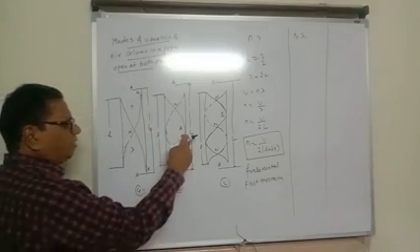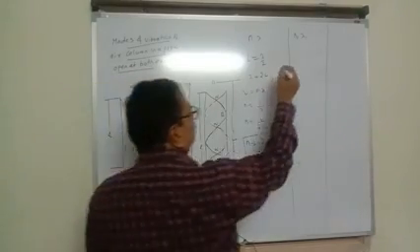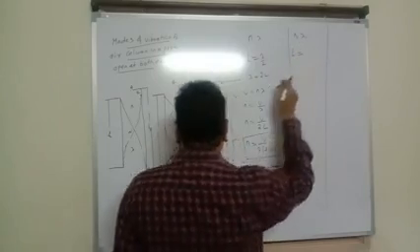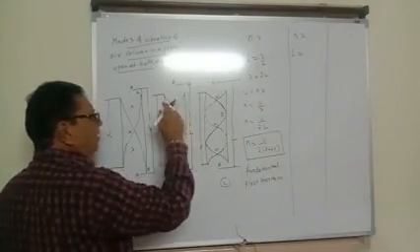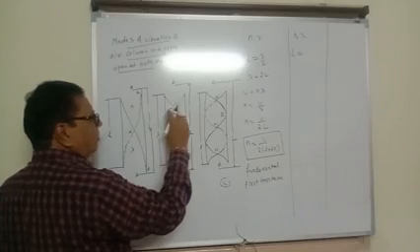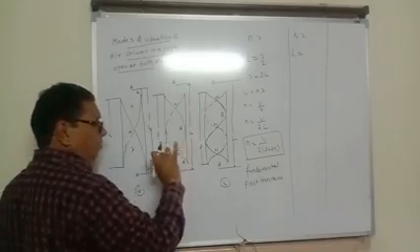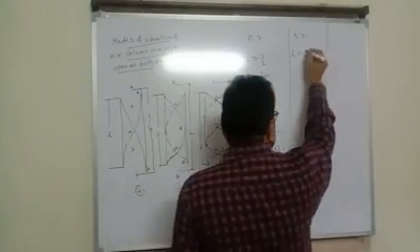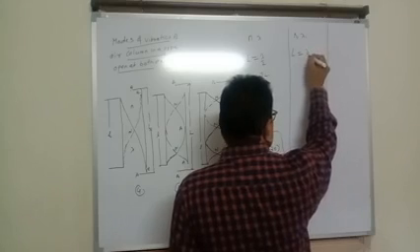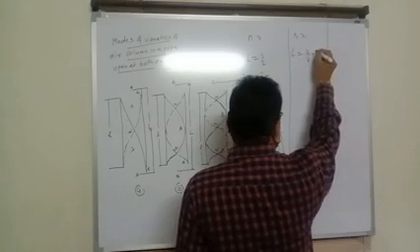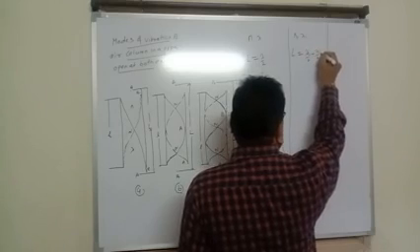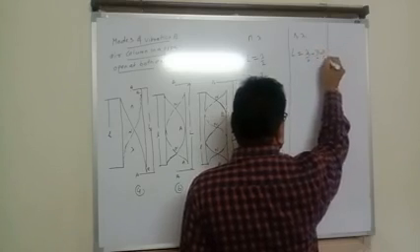Then the length of the air column, capital L, is equal to lambda 1 by 4 plus lambda 1 by 2 plus lambda 1 by 4.